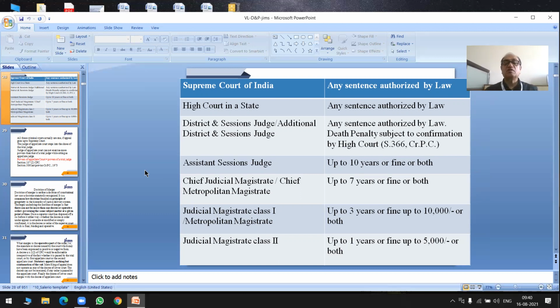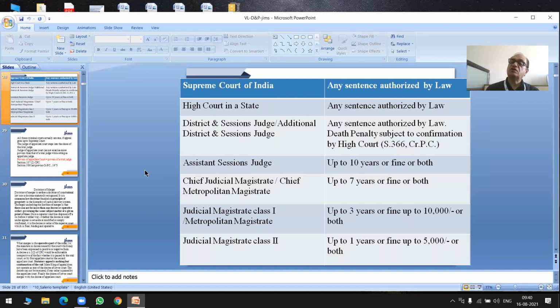Then we have the Court of Judicial Magistrate Class 1. In Delhi, we call it Metropolitan Magistrate. They are authorized to impose a sentence up to 3 years or fine up to 10,000 rupees or both. And the last court on criminal side is Judicial Magistrate Class 2.